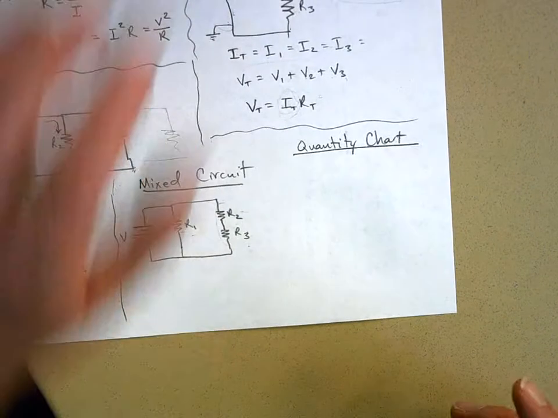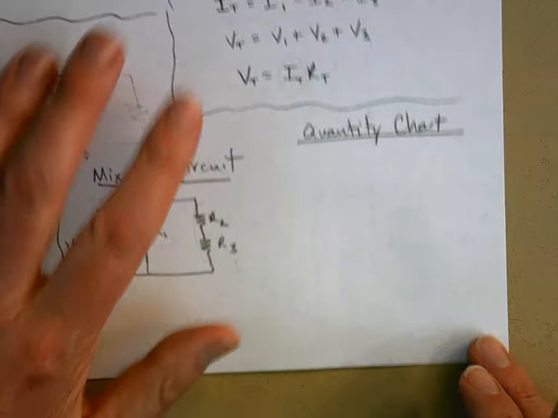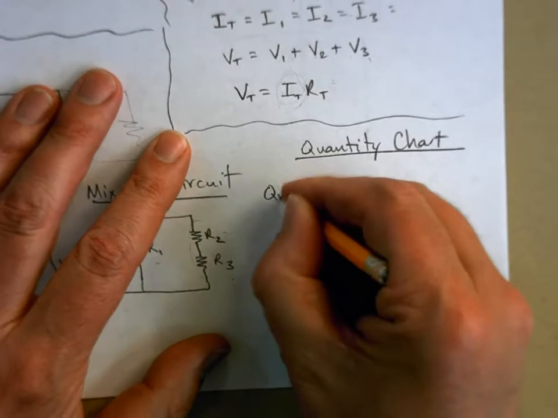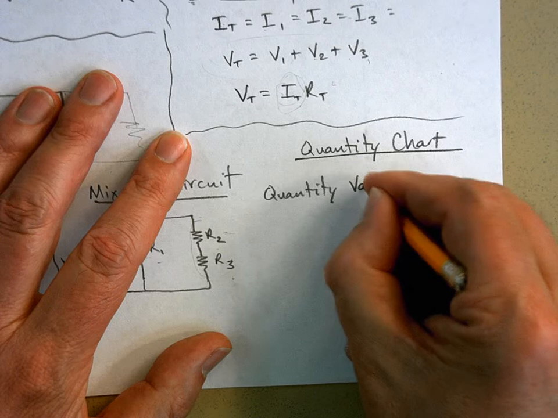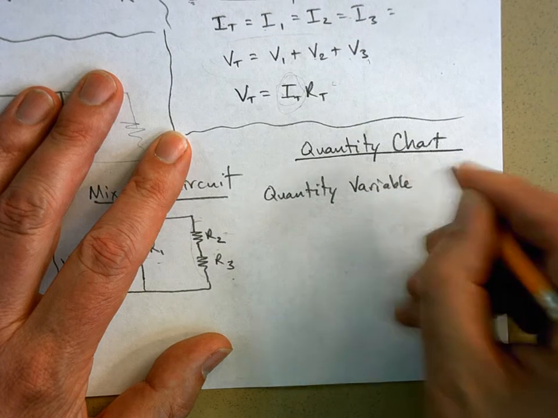Okay, let me zoom in. So we have the quantity, the variable, and the units.